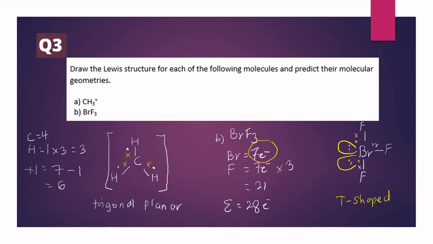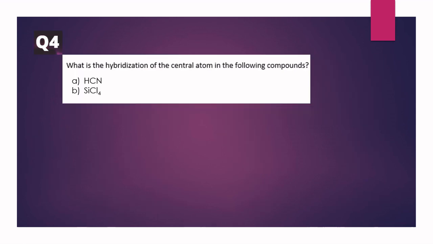For question 4, we need to determine the hybridization of the central atom in the following compounds. So the first compound is HCN. We know that this is the Lewis structure of HCN.